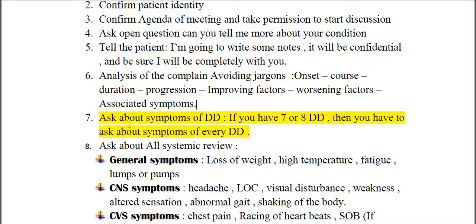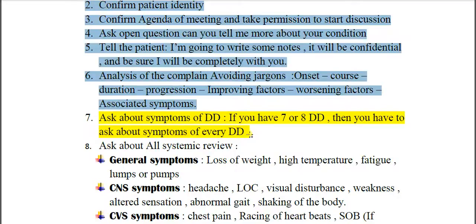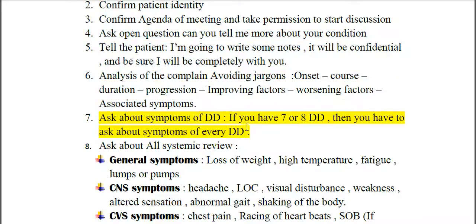This is the main core of station 2: if you write a good differential diagnosis, you have to ask about every differential diagnosis you wrote on your white paper.